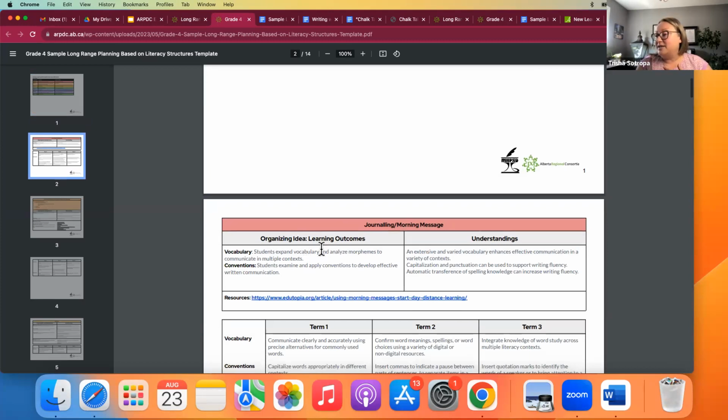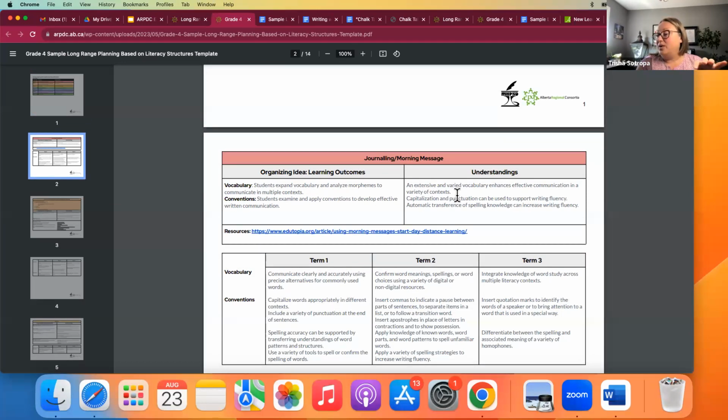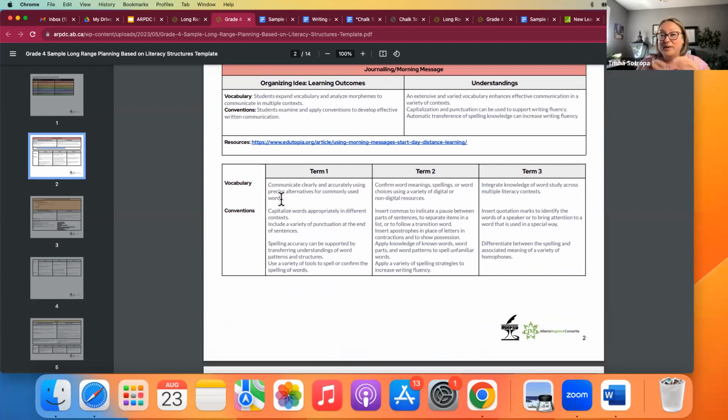So in the first bit of time, we do journaling or morning message. Then we just copied and pasted which learning outcomes are we going to fulfill there, which understandings are we going to fulfill there. And then we went into the skills and procedures and we copied and pasted which term we would do each skill or procedure in.